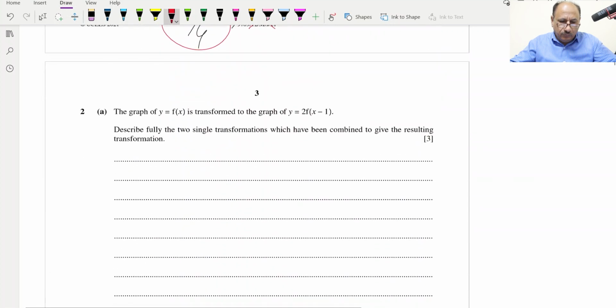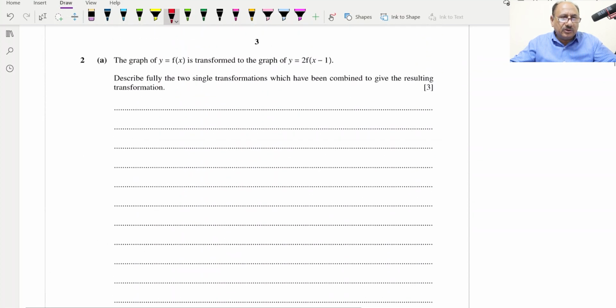Now we can move to next question, question number 2. Question number 2 says the graph of y is equal to f of x is transformed to the graph of y is equal to 2f(x) minus 1. Describe fully the two single transformations which have been combined to give the resulting transformation.